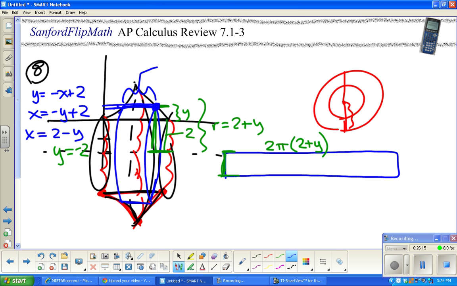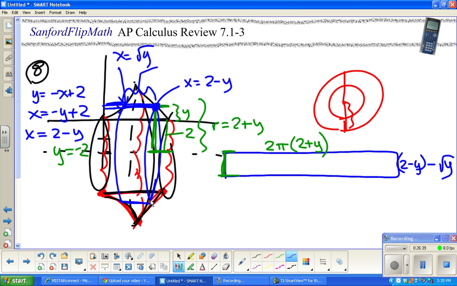So x equals 2 minus y. And the other one was x equals the square root of y. So the bigger distance is 2 minus y, minus the shorter x value, which is the square root of y.